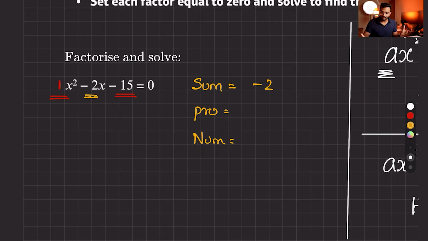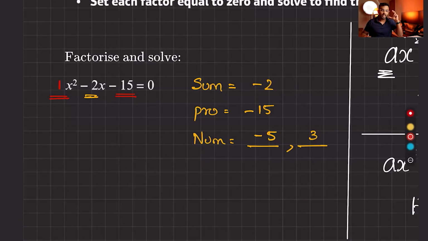That will give us minus 15 itself. Now, I want you to think: which two digits, if you add them, you get minus 2, and if you multiply them, you get minus 15? Absolutely. So this would be minus 5 and plus 3. Would you agree?